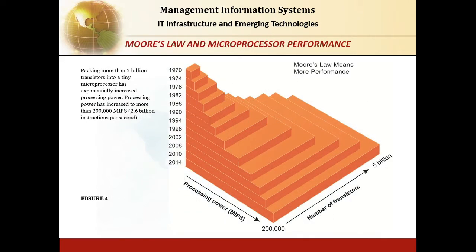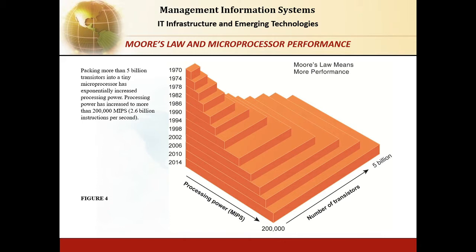So, figure 4, kung titingnan ninyo, packing more than 5 billion transistors into a tiny microprocessor and has exponentially increased processing power. So processing power has increased to more than 200,000 MIPS or 2.6 billion instructions per second.